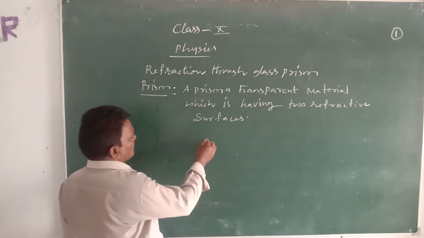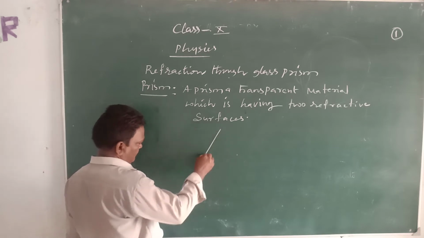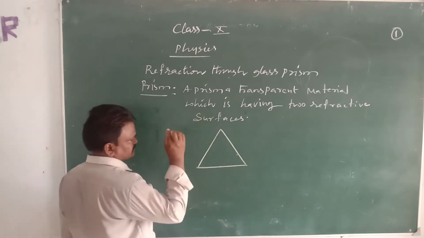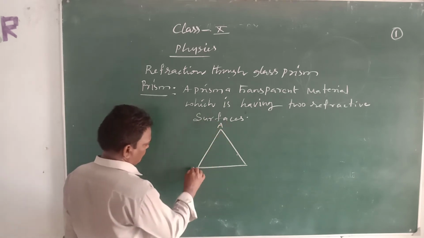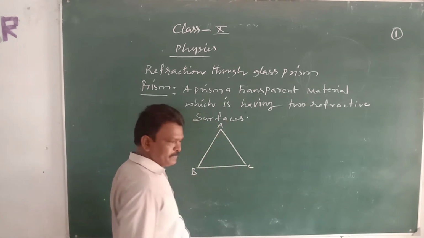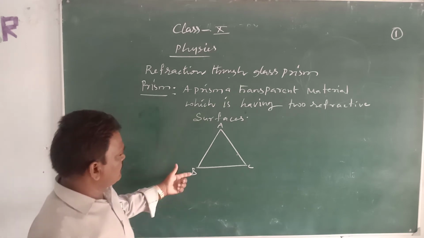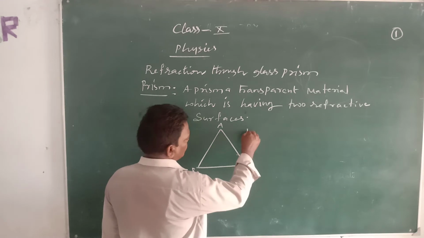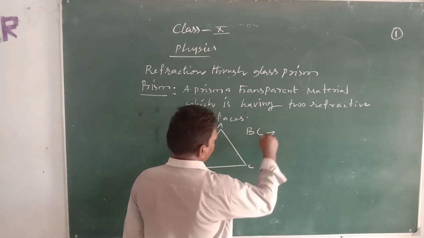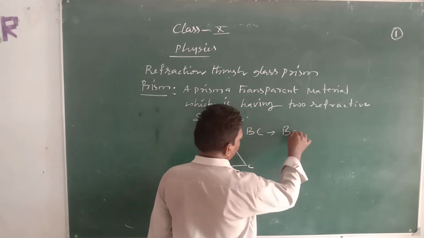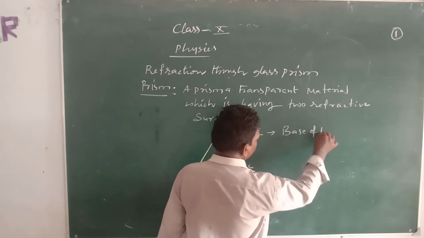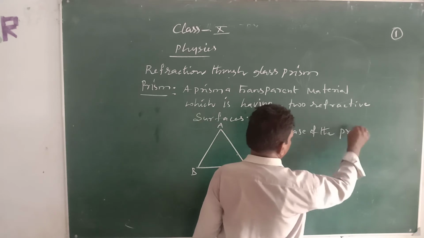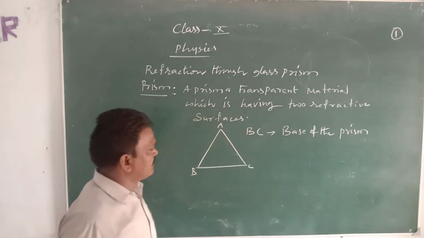If you go on drawing the prism, it looks like this. A, B, C. If you see this, A, B, C. Here, BC is the base of the prism.